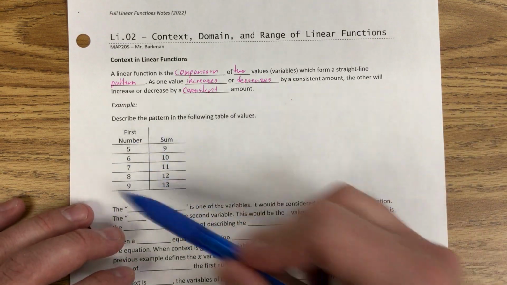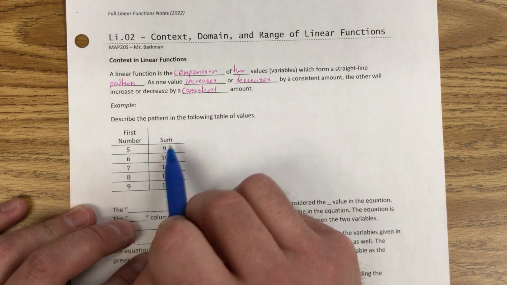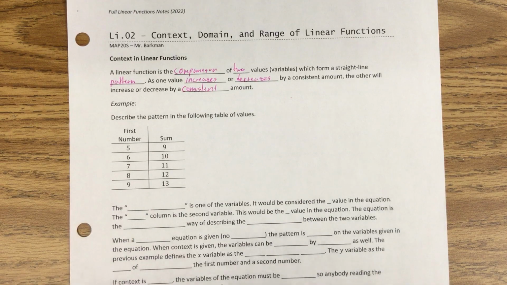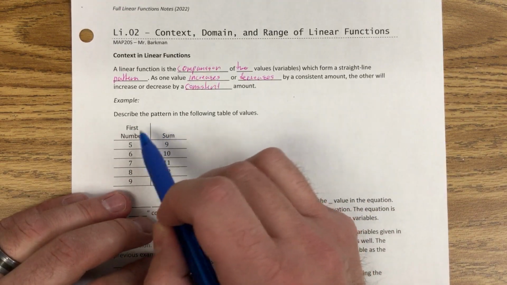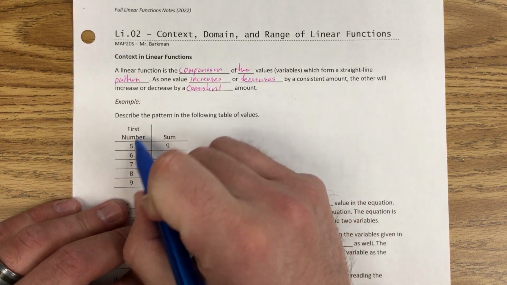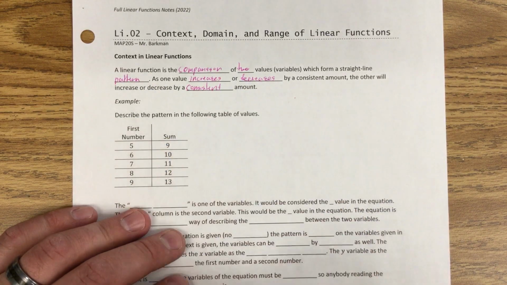So what is happening in this pattern here? Well, we have a number here and we have a sum. You'll notice that it's not just x and y anymore. Now we have certain values, and when we have these kinds of descriptions, then we often have some context involved as well. There is the first number, and if there's a first number, that means there has to be a second number, and there is a sum as well.